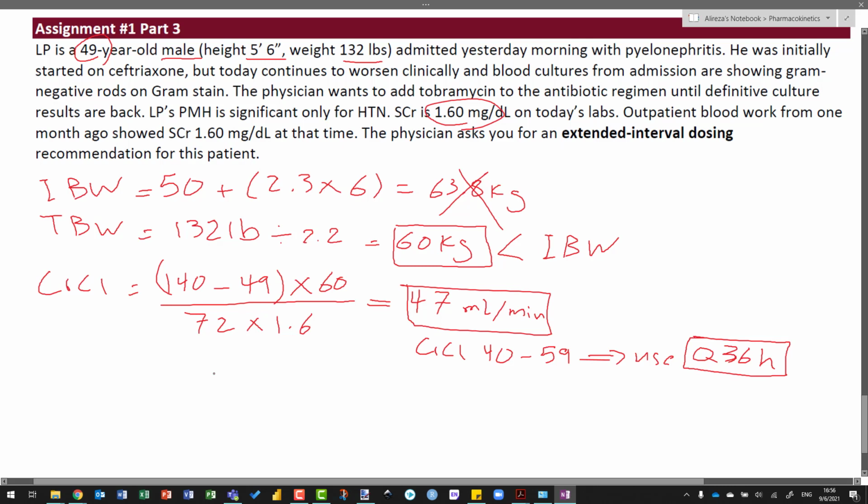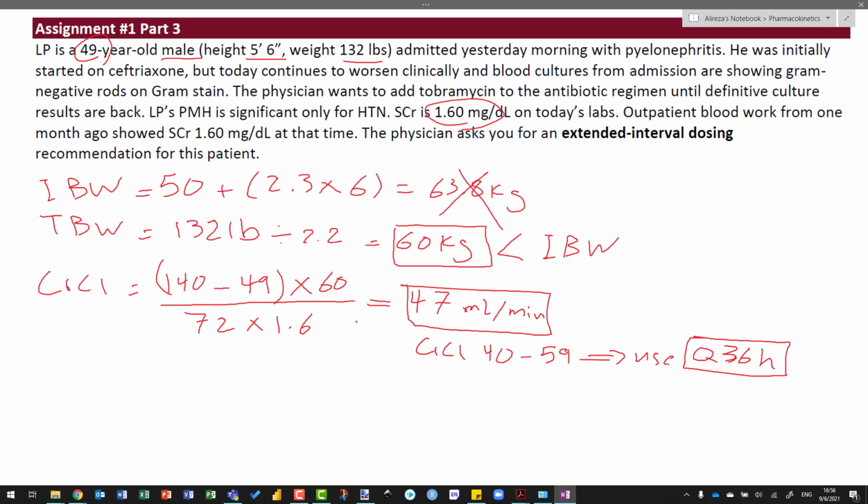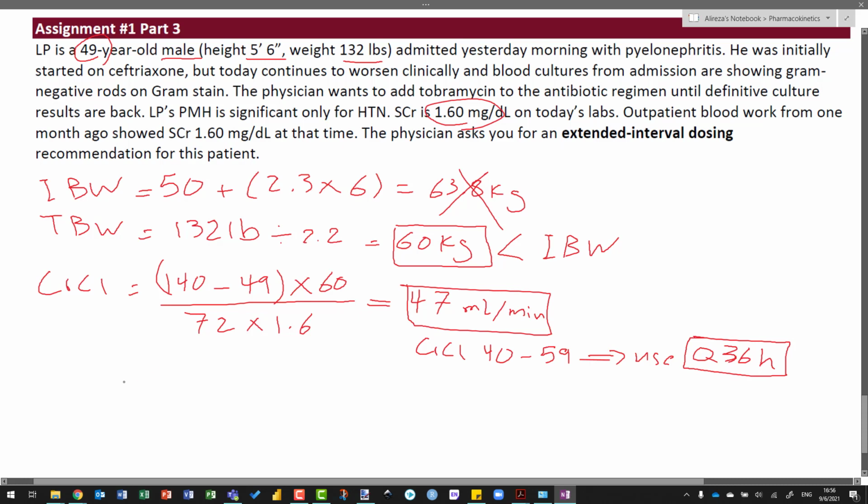Now, for UTIs, it's okay to use 5 milligram per kilo, but this patient also has bacteremia. So bacteremia is a more severe infection. So I'm going to use the 7 milligram per kilogram. And we multiply by 60 kilogram, which would give us 420 milligram.